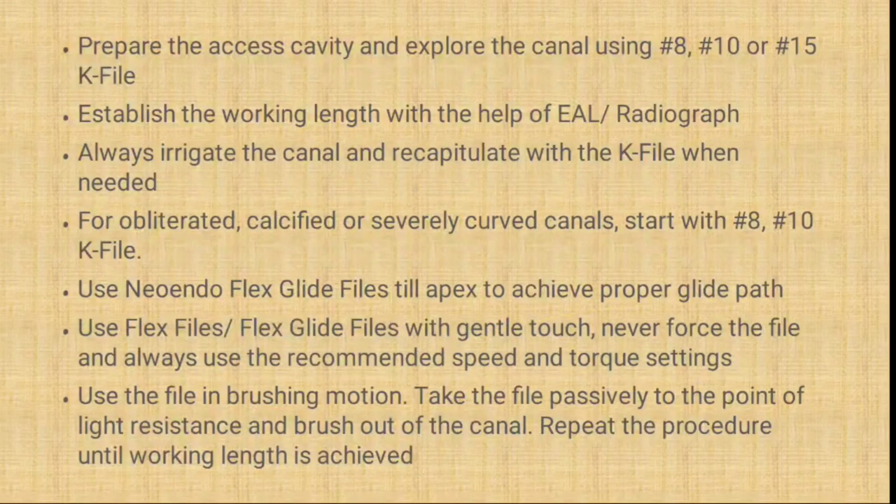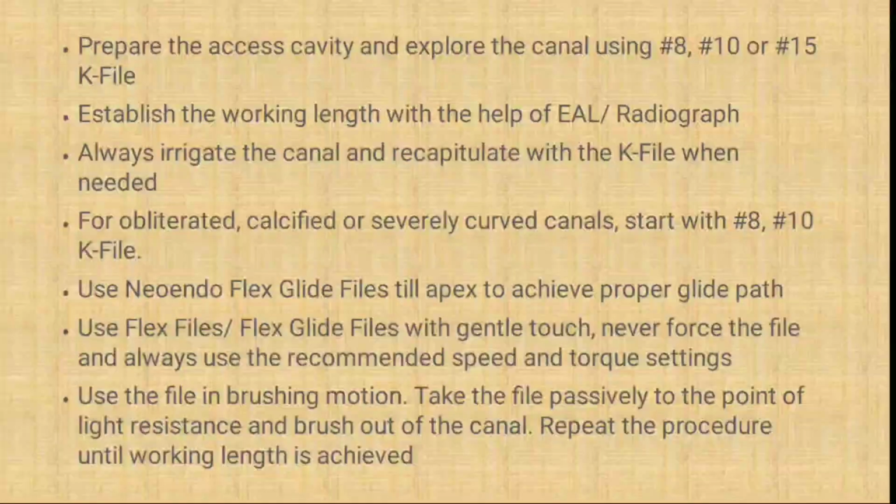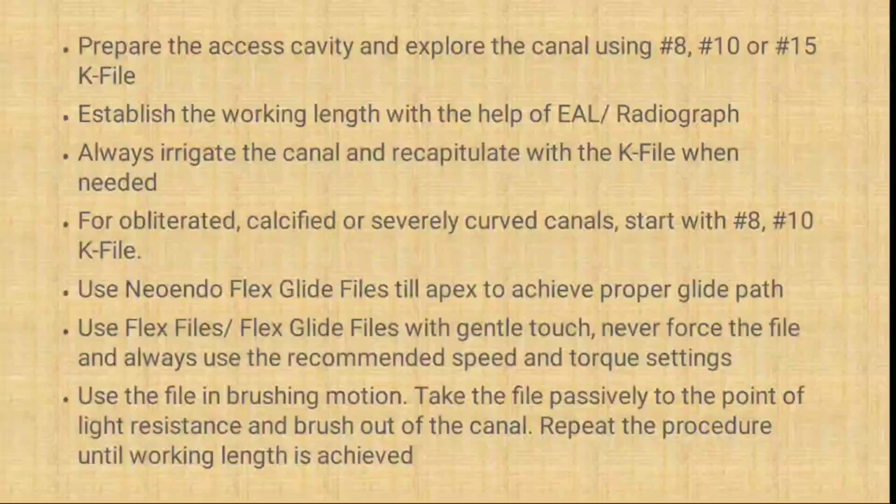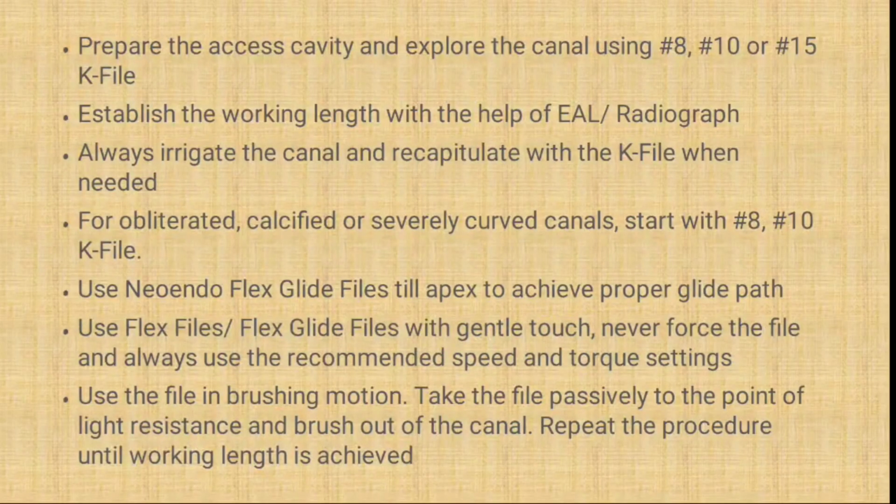Then establish the working length with the help of an electronic apex locator or radiograph. Always irrigate the canal and recapitulate with the K file when needed. For obliterated, calcified or severely curved canals, start with 8, 10 K file. Use NEOENDO flex glide files till apex to achieve a proper glide path.